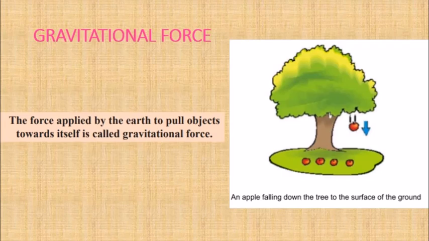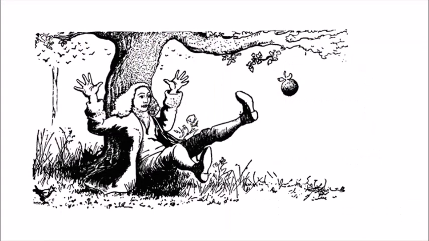An example is when a fruit falls from a tree, it is the gravitational force of the earth that pulls the fruit downwards.